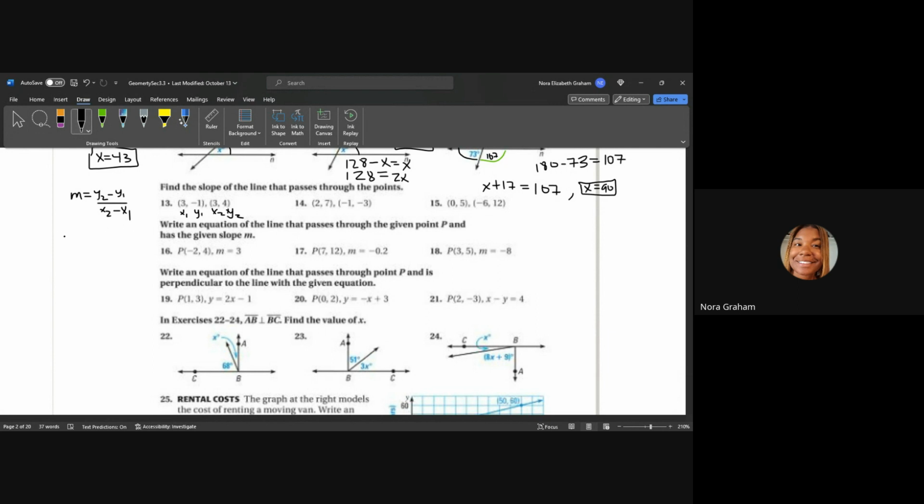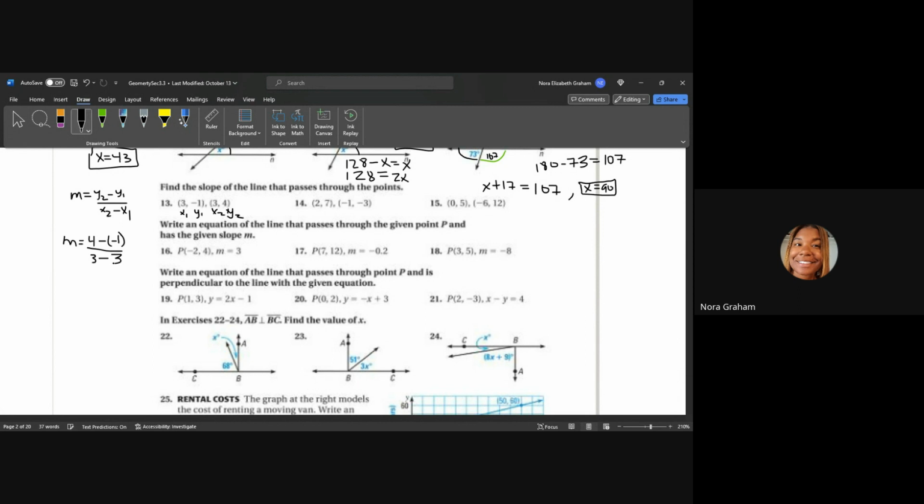So for 13, let's go ahead and find the slope for that one. What we do is we just substitute in what we marked down. My y sub 2 is 4, so I have 4. My y sub 1 is -1. I put parentheses around it because I want to account for that minus. And then over my x sub 2 is 3 minus 3.